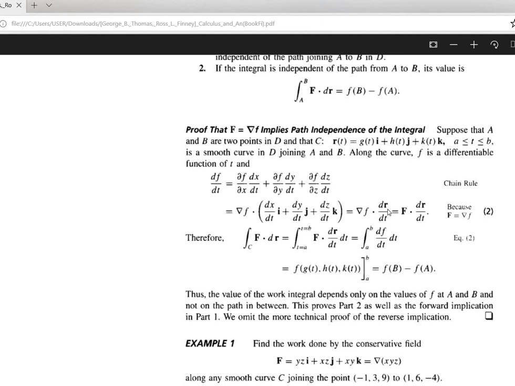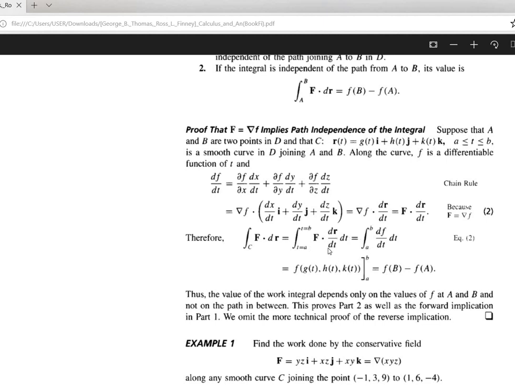Given that del f equals capital F, this is F dot dr by dt. So, the integral over C of F dot dr equals the integral from t equals a to t equals b of F dot dr by dt into dt, which is equal to df by dt into dt.